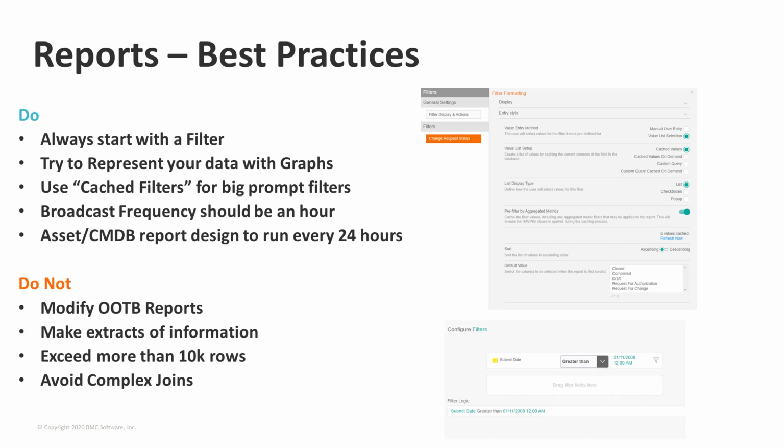And we strongly recommend you not to modify the out of the box reports, as you may lose them during the upgrade. And smart reporting, as you know, is a self-servicing reporting tool, and do not use it as a data warehousing tool. So the best practice is to set the row limit to 10,000 and consume the reports.